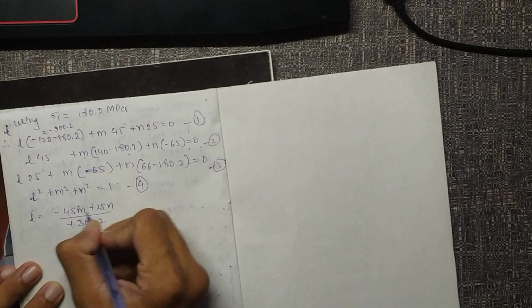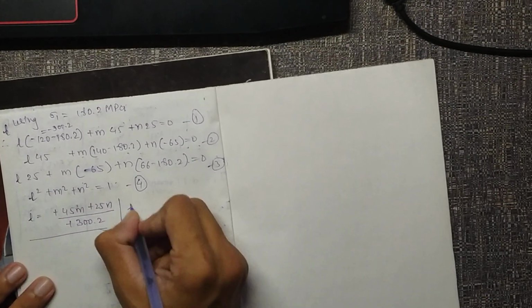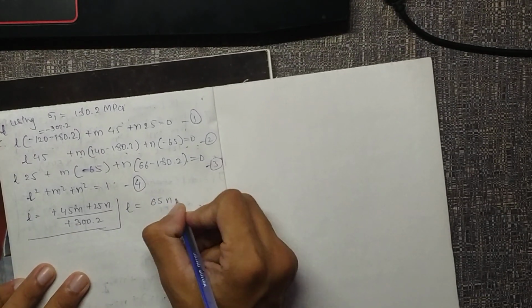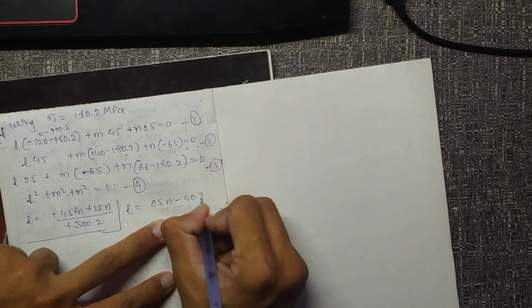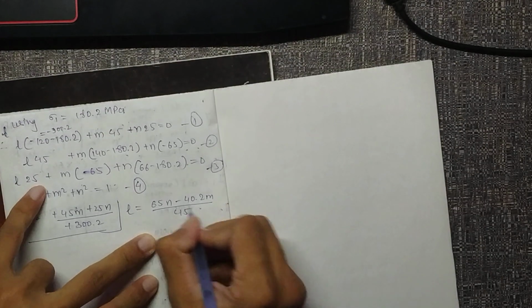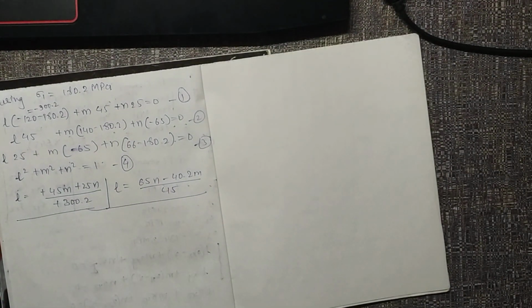Let's cancel out this from 1. And then again L is equal to, using this one, 65n, this is 40.2 minus 40.2 m by 45. So I have two expressions for L, so I can equate those two to find one equation for m and n.